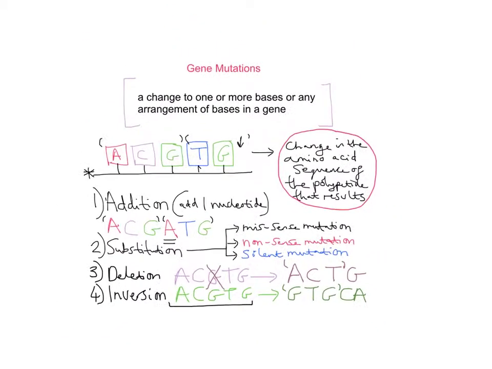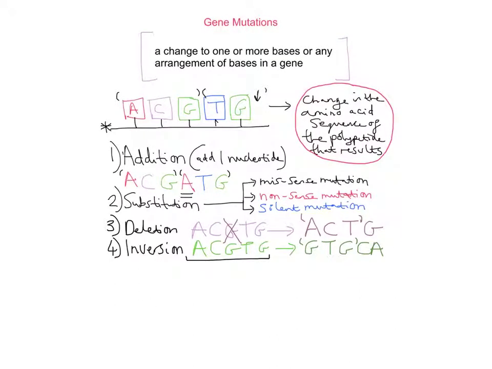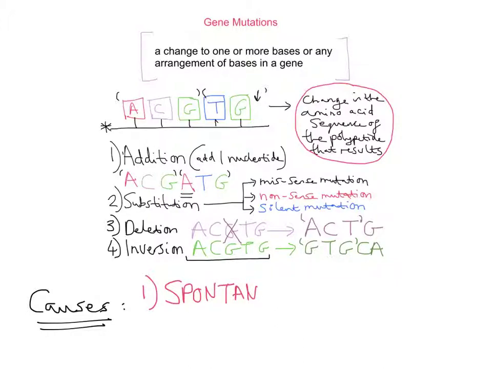Let's shrink this down a little, because it's really important that we consider the causes of these gene mutations. Now, one thing to add is that they can be spontaneous.